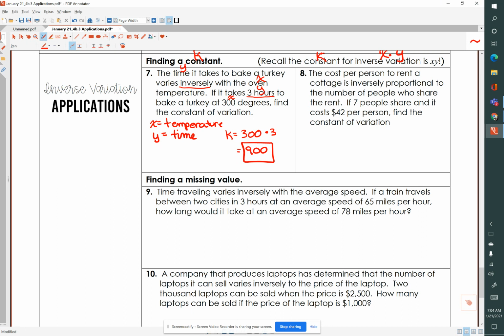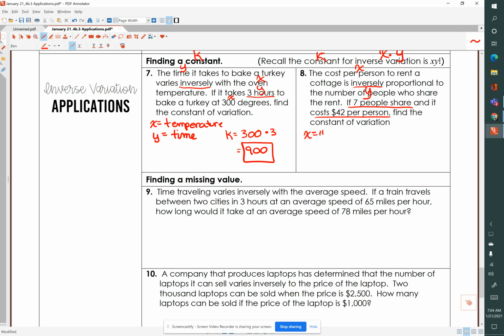The cost per person to rent a cottage is inversely proportional to the number of people who share the rent. So the cost is going to be our x. The number of people is our y. If 7 people share, and it costs $42 per person, find the constant of variation.